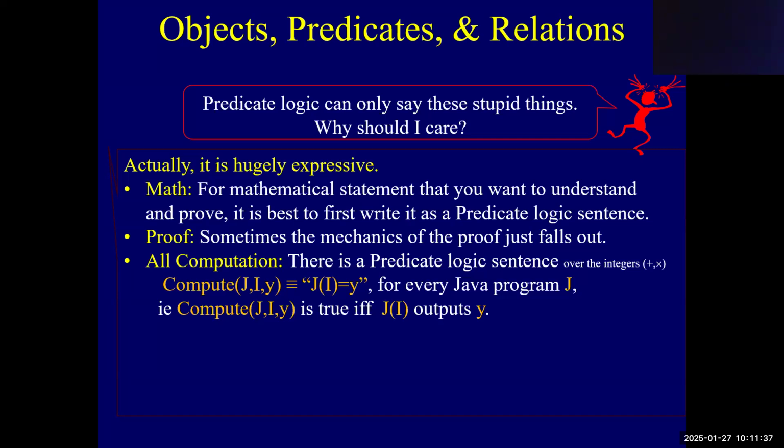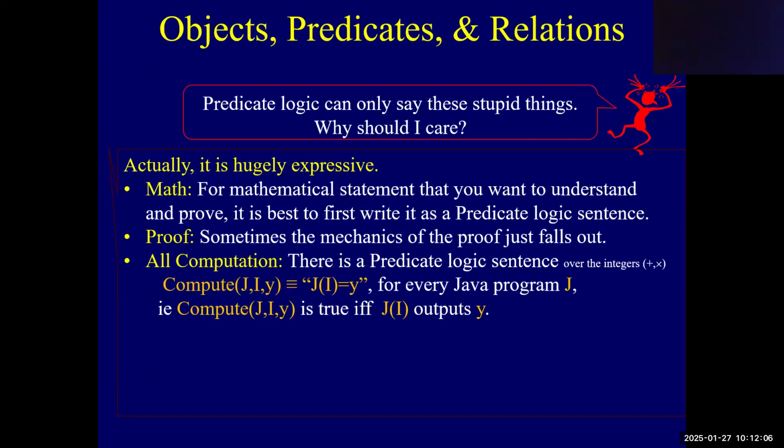Now, one thing that is confusing about that is we're working over the integers. So Java programs don't exist, right? So we have to have an encoding where you take every Java program and you think about it written in ASCII, and then you take that whole ASCII and you turn it into one big integer, right?